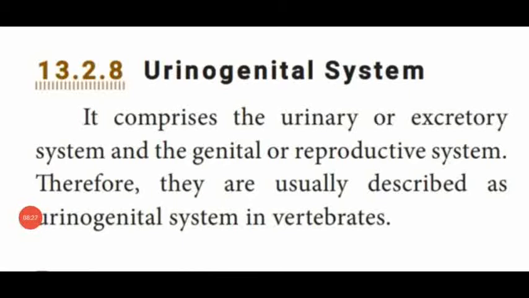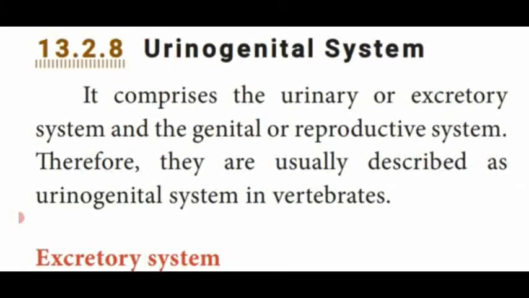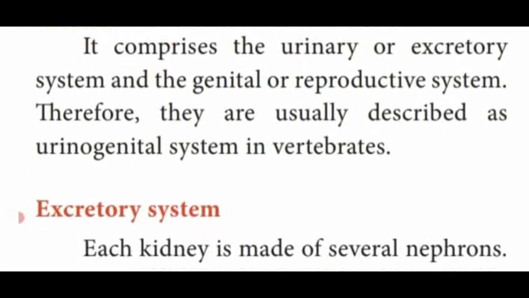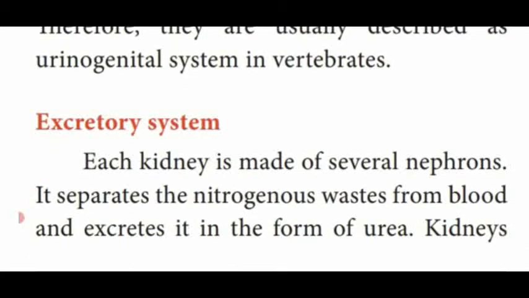Dear students, this is the urinogenital system of rabbit. It consists of two systems: one is the urinary or excretory system and the other is the genital or reproductive system. So they are named the urinogenital system, which is seen in vertebrates. First we are going to see the excretory system.